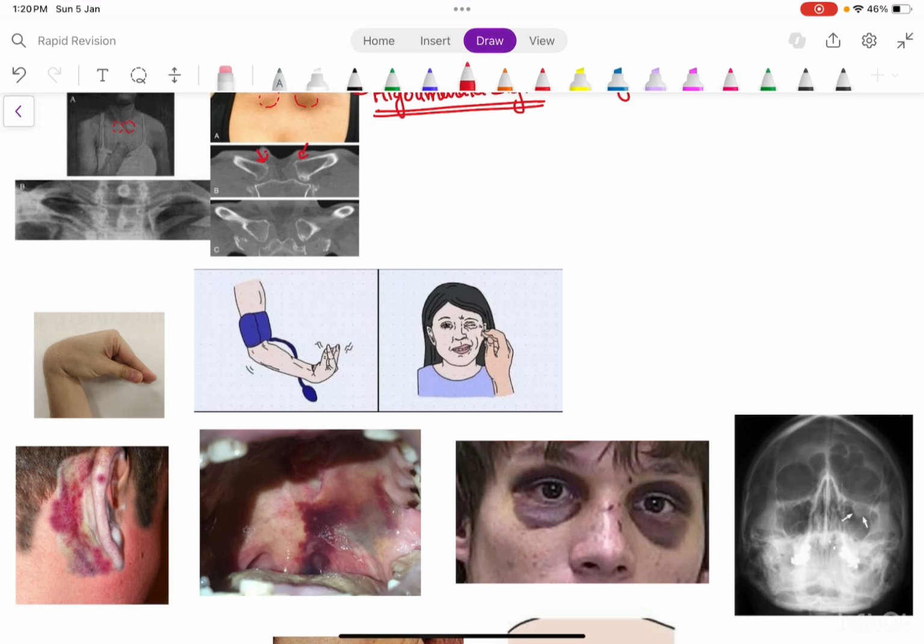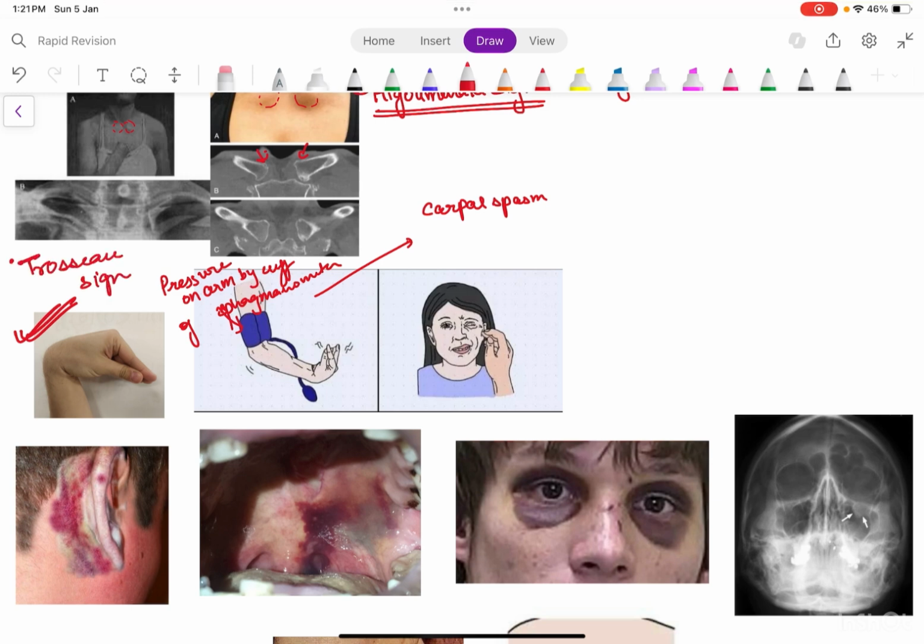Now let's talk about these signs. We see a carpal spasm in the photograph. There is a carpal spasm after the application of pressure on the arm by the cuff of a sphygmomanometer. So this is the carpopedal spasm, the Trousseau sign.